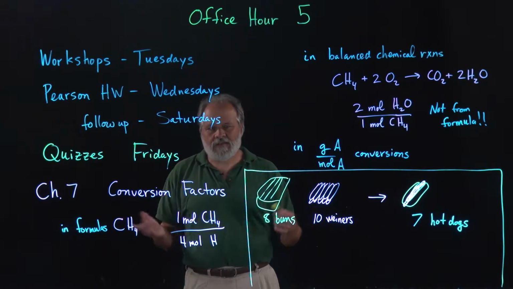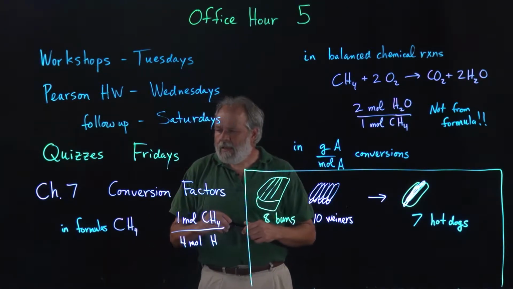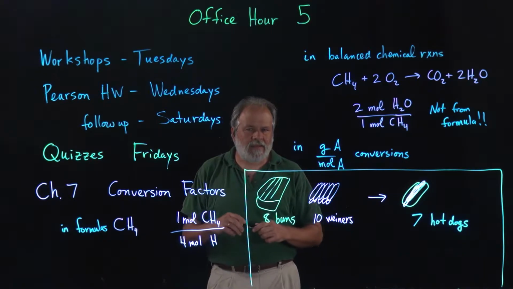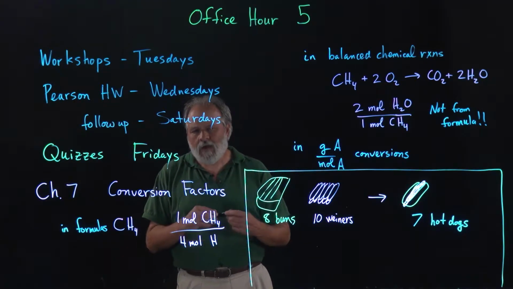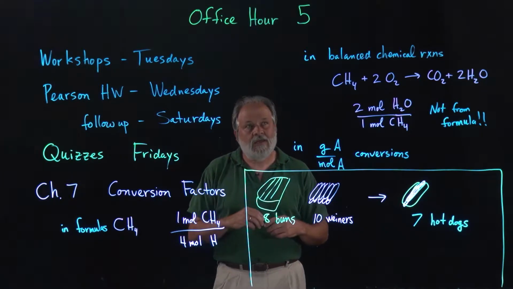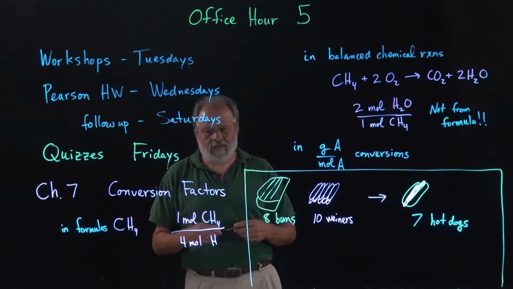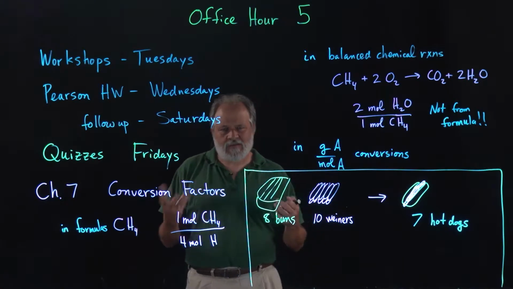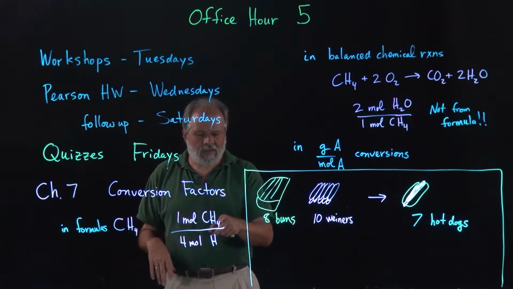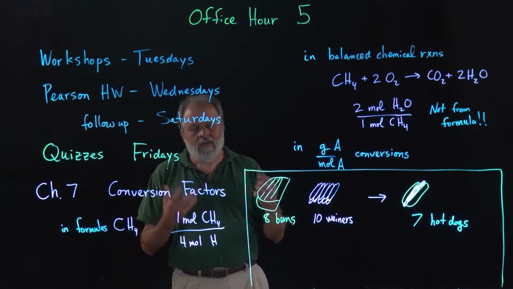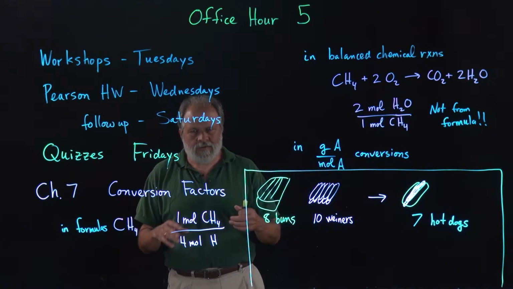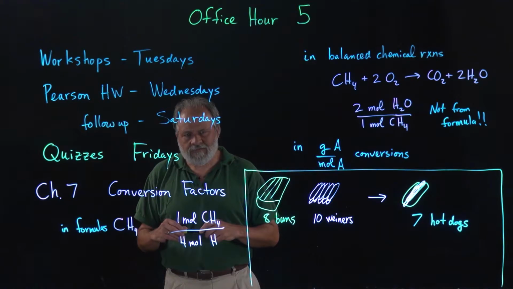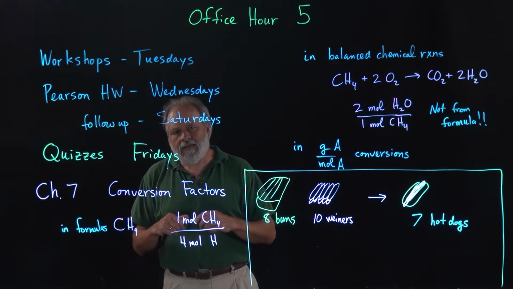And so this week is all about Chapter 7, and I'm going to say a few things about that. One thing is you really need to understand why conversion factors are so useful, because it starts off with basically talking about what's in a formula. What's in a formula, a molecular formula, or an ionic compound's empirical formula, is the ratio, number ratio, of each element in the compound.